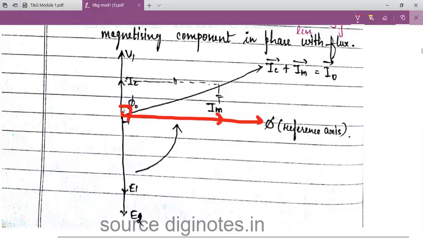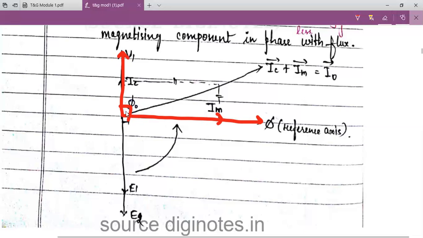By assuming the load as inductive load, Im lags V1 at an angle of 90 degree. So this is the third step.